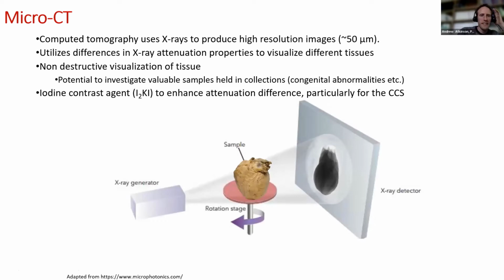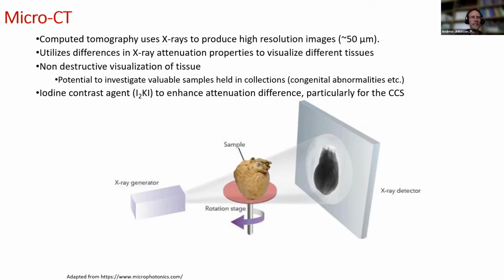The micro-CT works on standard X-ray imaging properties. So we have differential X-ray attenuation between different tissues to be able to identify them. The advantage for us is that it's a non-destructive visualization of the tissue. It means, as I said, we're not going to damage any structures that we might not know are lying there, and it also means the tissue is still available to do additional experiments with afterwards.